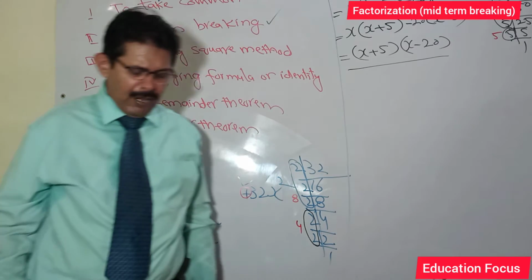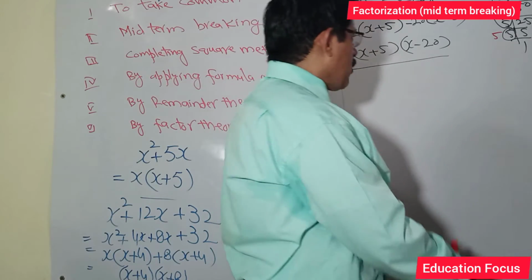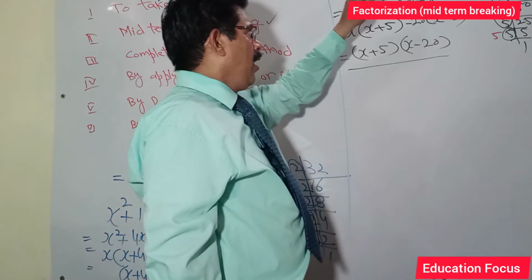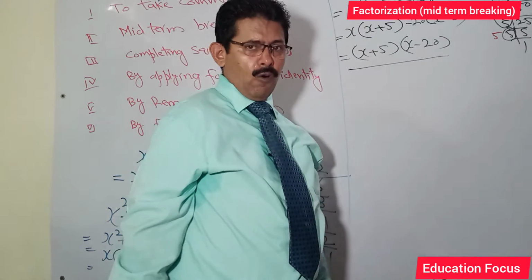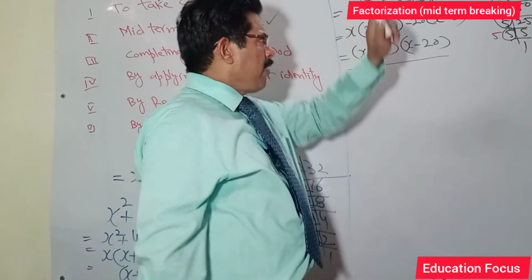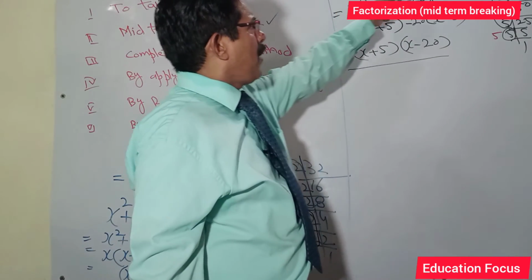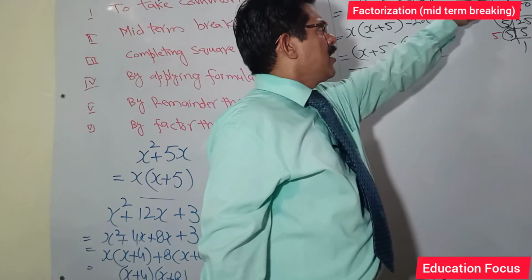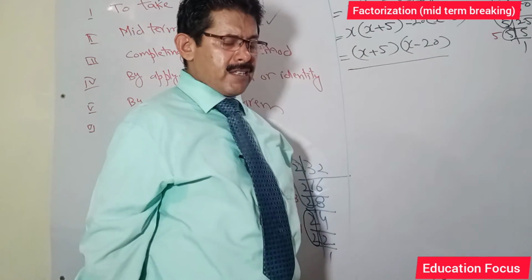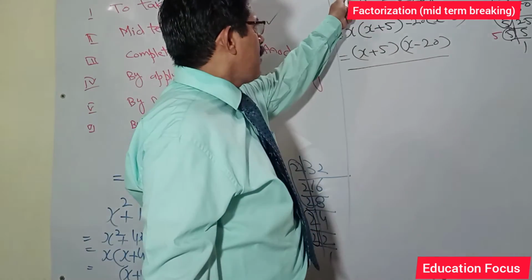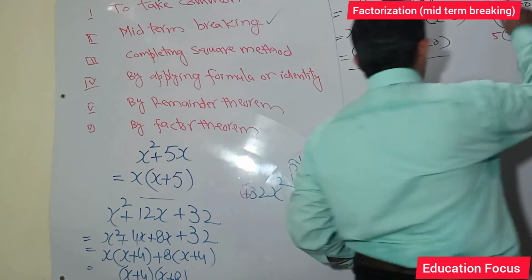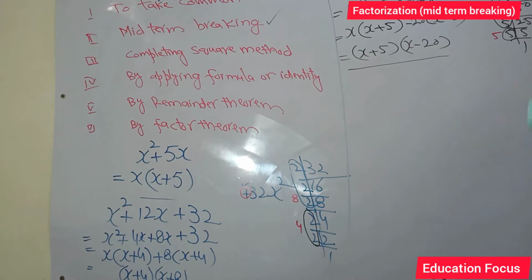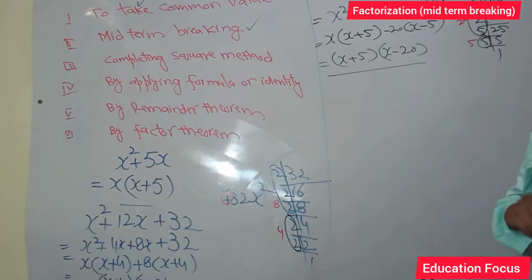Second question that I want to explain: x squared minus 15x minus 100. I will multiply x squared with minus 100. The answer is minus 100x squared, and the sign is negative. This negative sign has a very important role. What is the role of this negative sign?